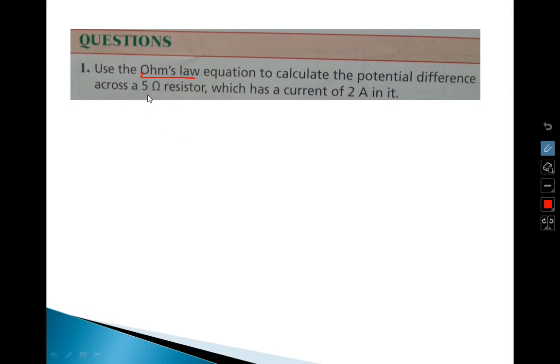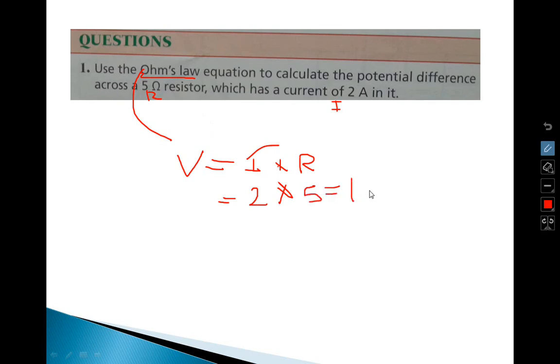In this question we have R and I. So from Ohm's law, V is equal to I times R, which is 2 ampere times 5 ohm, equal to 10 volt.